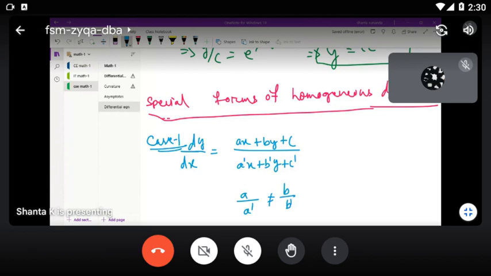that means they are not parallel, right? If a by a dash equals b by b dash, they will be parallel. What we are considering are the intersecting lines. Okay. So we will consider h and k be the point of their intersection.